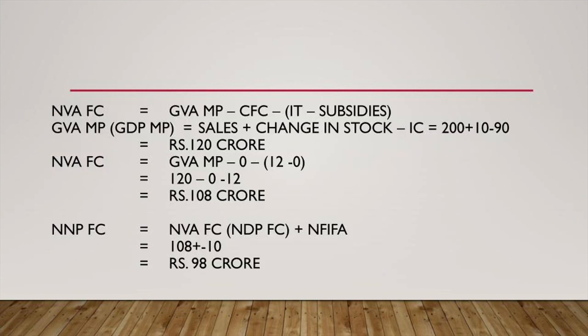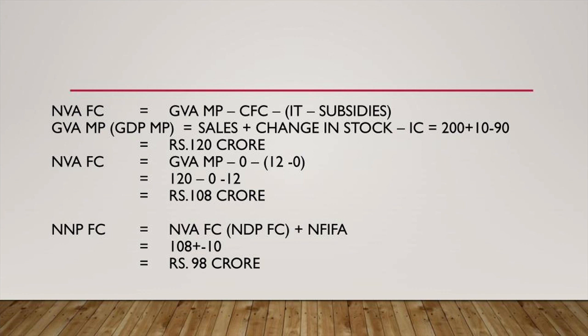In order to find NVAFC, you have to subtract depreciation and net indirect taxes from GVAMP. And you know GVAMP is obtained by adding sales and change in stock, and from that subtracting the intermediate cost. By applying the given values, you will get GVAMP as rupees 120 crores. Now to find NVAFC, GVAMP minus depreciation minus net indirect tax.